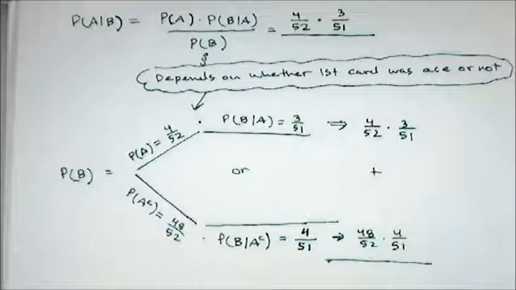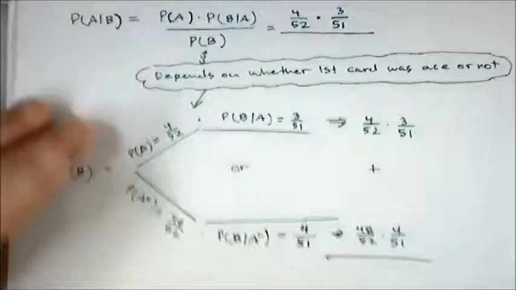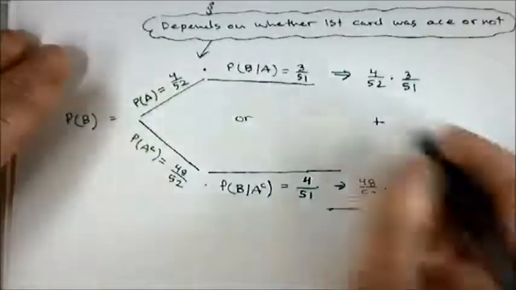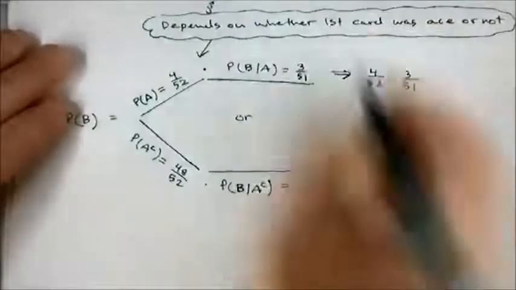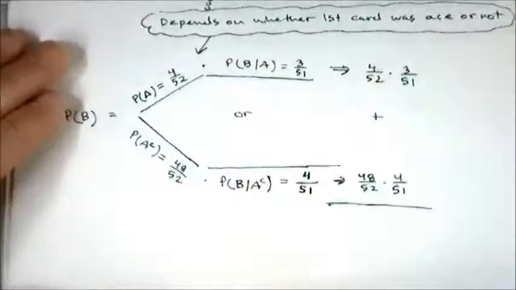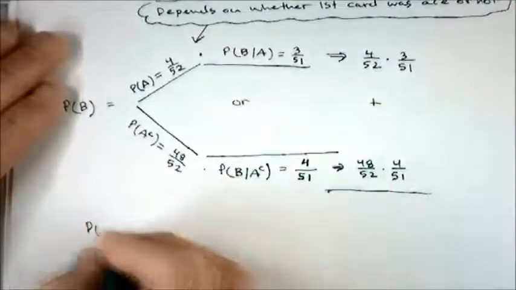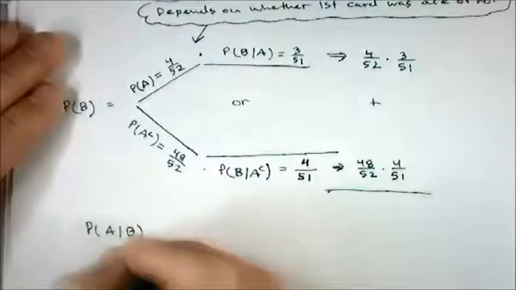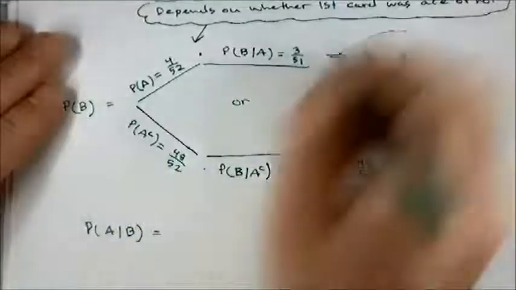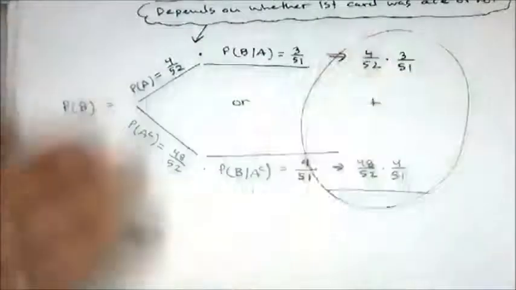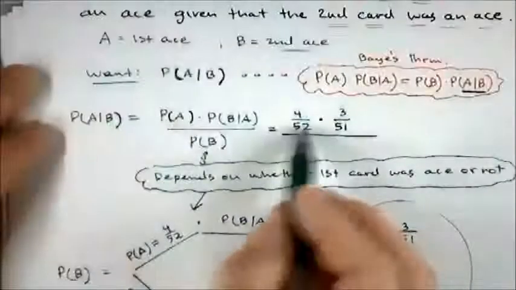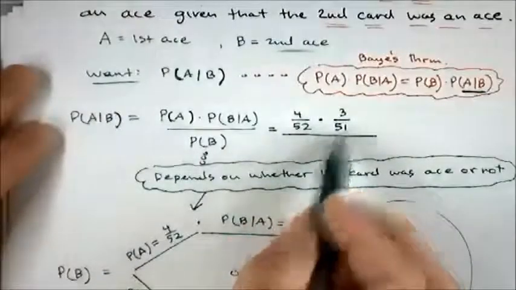Yeah, so if you reduce this all, I mean, if you don't get a calculator on the test, I would just leave it like this, and I think that's fine. So what you could say is the probability of A given B, now that we know it's going to be this total sum here, is back up here. It's your numerator here, 4/52, 3/51.